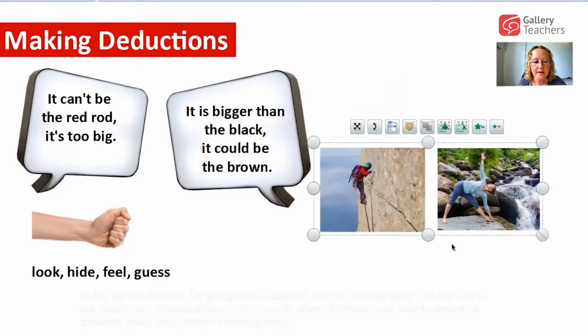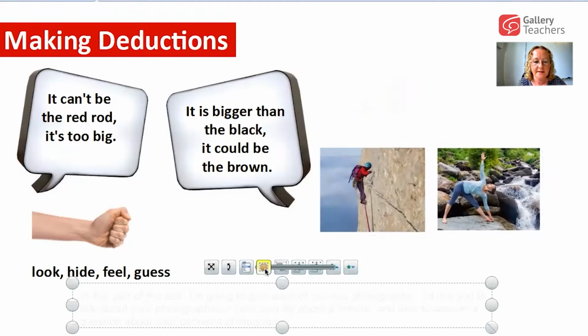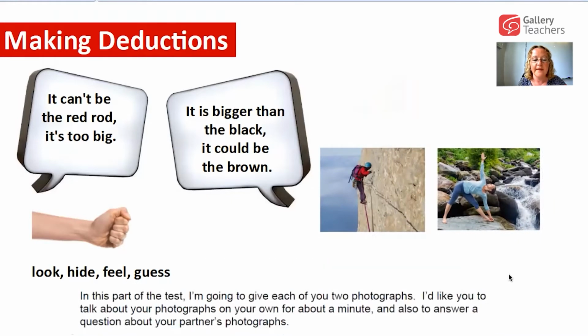And the examiner says this. In this part of the test, I'm going to give each of you two photographs, and I'd like you to talk about your photographs on your own for about a minute, and also to answer a question about your partner's photographs.